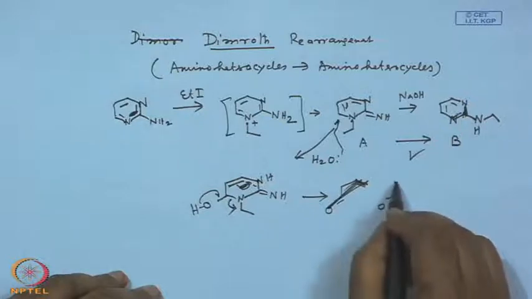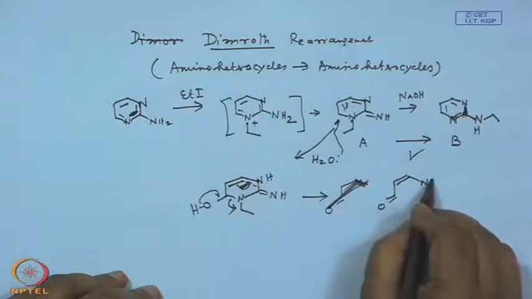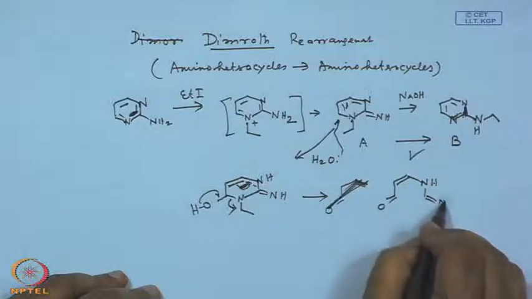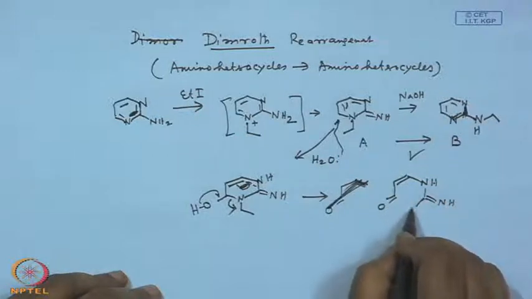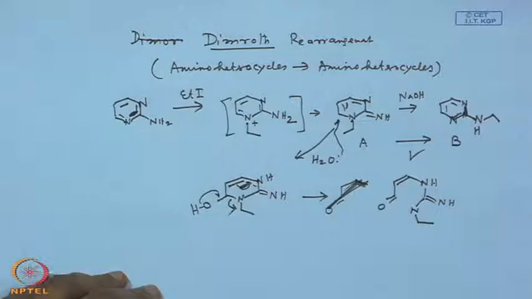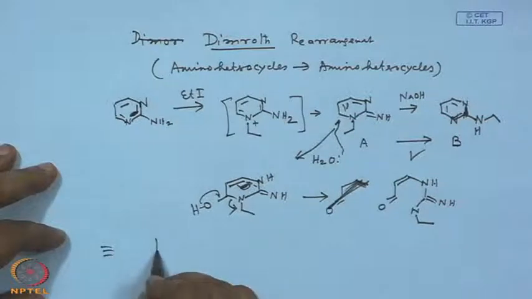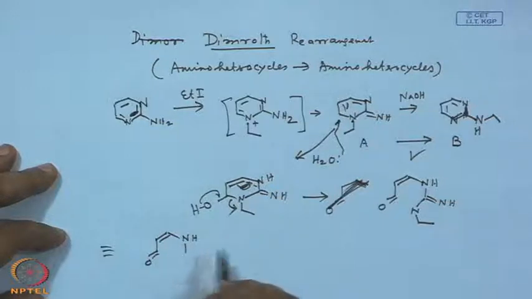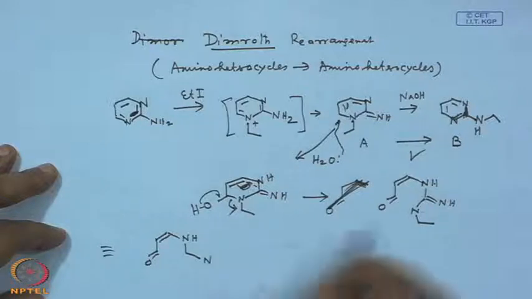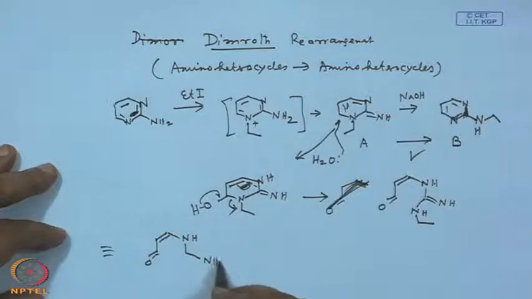So, you will have the aldehyde, the double bond, then nitrogen, and then the imine form, and this is now NH and ethyl here. This is equivalent to this aldehyde double bond NH, and then just basically rotate this terminus. So, it will be NH ethyl here, and this is now imine, right.